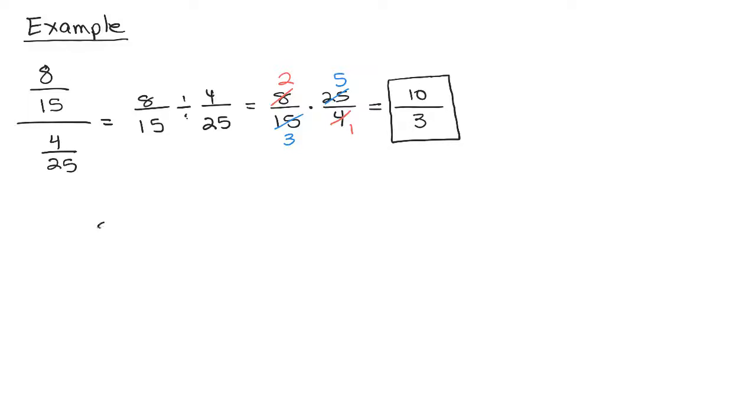Now the second method, I'm going to rewrite this problem, 8/15 over 4/25. It uses a method where you multiply the whole numerator and whole denominator, see there's a big numerator and a big denominator, by the least common denominator of all of the denominators. So in the numerator, there's only a denominator of 15, and in the denominator, there's a denominator of 25.